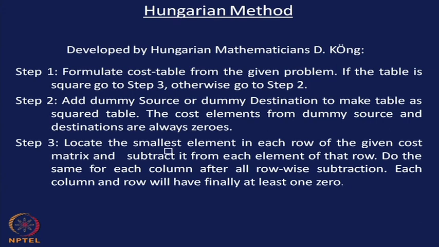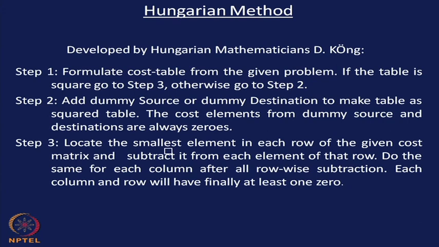The cost elements for the dummy source and destination will be 0. So, if it is not square, then depending upon the problem, either add one more row or one more column, and the corresponding cost will be 0, and by adding this dummy row or column you are making the problem a balanced problem or a square problem.